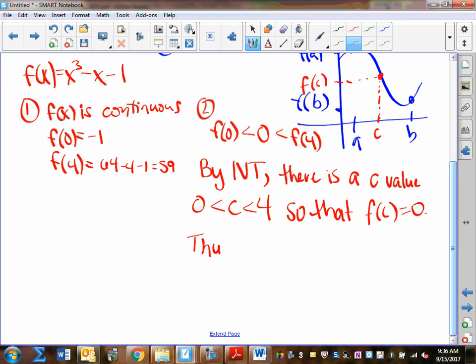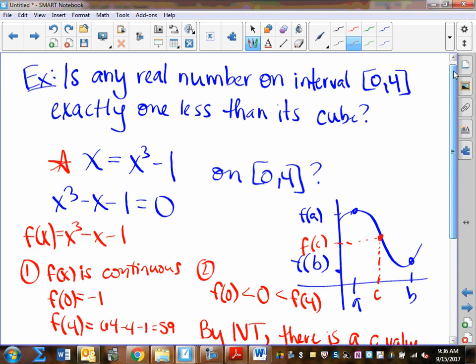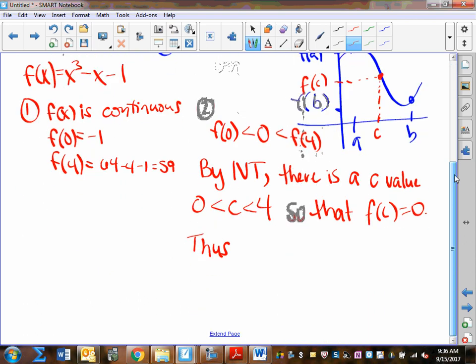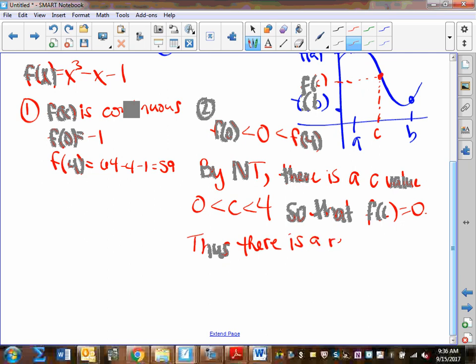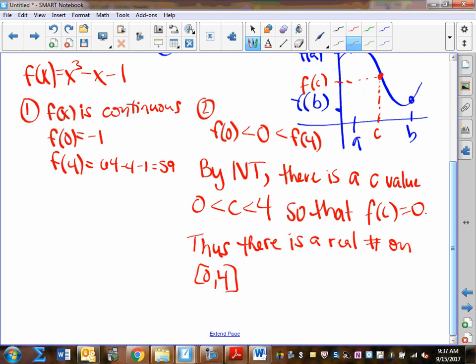Thus, we can make our conclusion. There is a real number on that interval where it is exactly 1 less than its cube.